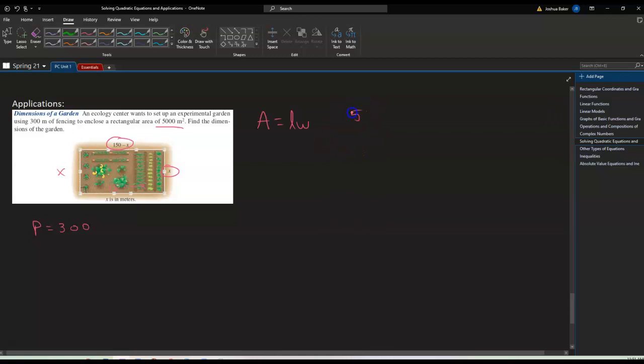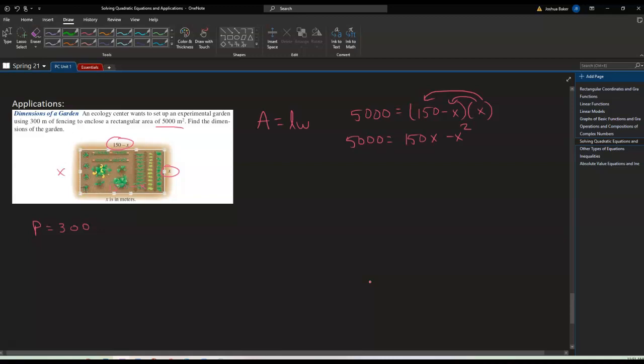So if I substitute 5,000 in for the area here, and I substitute in 150 minus x for the length and x for the width, then I can solve this equation because I only have one variable here. So we're going to begin by distributing. So I get 5,000 equals 150x minus x squared.